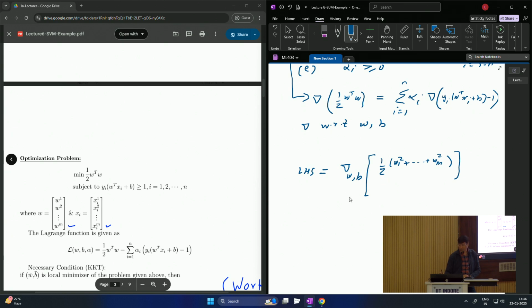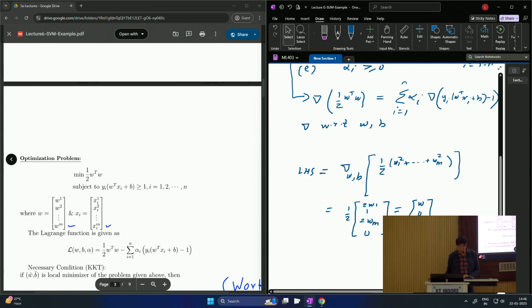Correct? So once you would do with respect to W, you will get half of 2W1 all the way till 2Wm. Yes or no? With respect to B, you would get 0. So this is nothing but W comma 0. Everybody with me?